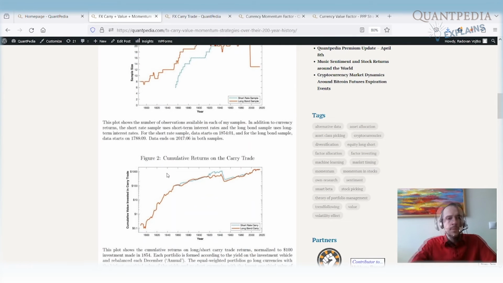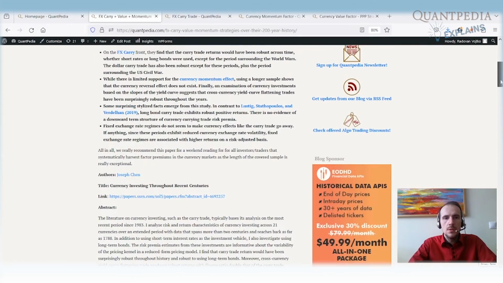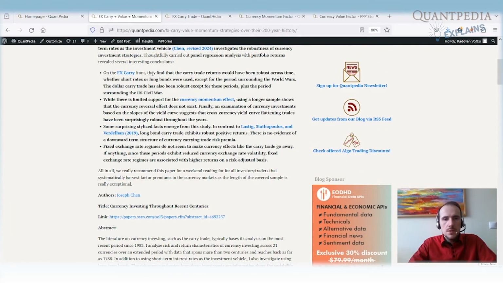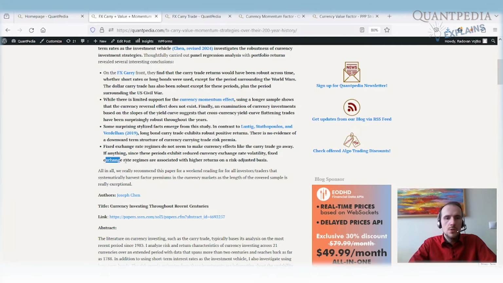Then he ran the backtest on cumulative returns of the carry trade. What is very interesting is that there is significantly positive performance in the 18th, 19th and also in the 20th century, so the carry trade strategy is really robust. Another interesting takeaway is that FX carry exists even during the periods when there are fixed exchange rate regimes.